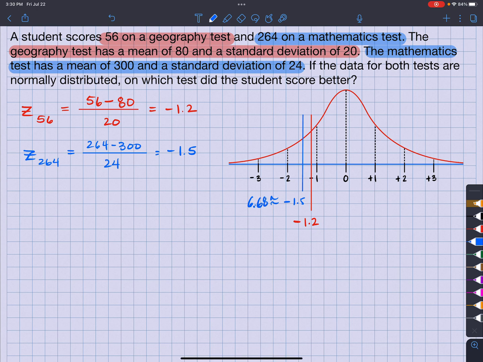So that means at negative 1.5 of a z-score, you only scored better than 6.68% of the population, while at negative 1.2, you scored better than 11.51% of the population. So therefore, the geometry test was better. Better on the geo test. There we go. And that, ladies and gentlemen, is going to be choice A.